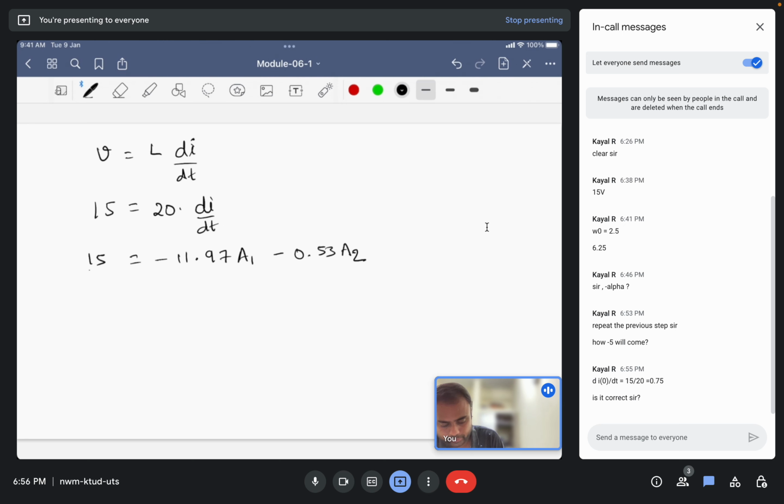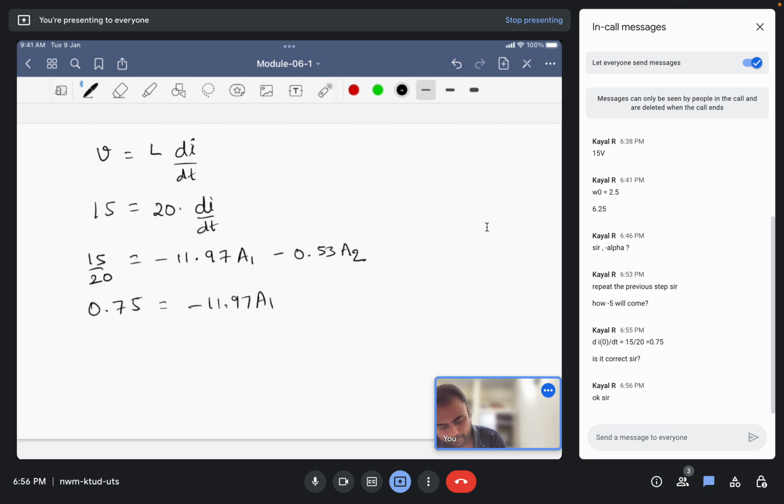And this will be 15 by 20, so 0.75. Okay, yeah, I think that is correct. So 0.75 is equal to minus 11.97 A1, and minus 0.53 A2.